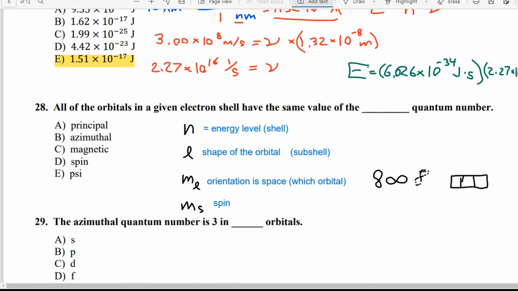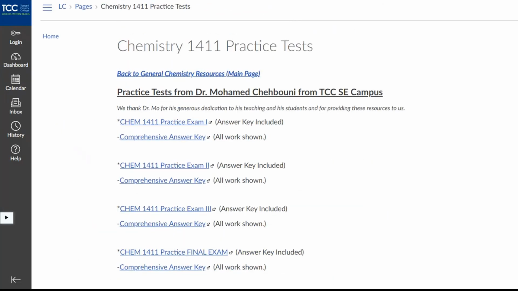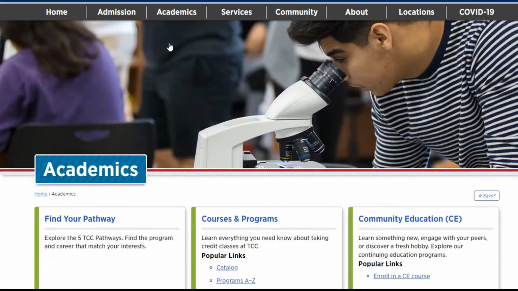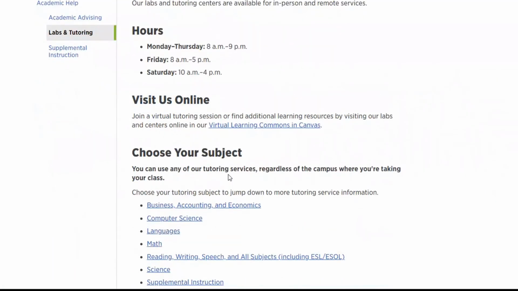If you're wondering how to figure out what the terminology is, the good news is that we have a real easy way for you to do this. I'm going to review for you just how to find us. If you go to www.tccd.edu, go to academics, then scroll down to academic help, under labs and tutoring, go to virtual learning commons in Canvas.